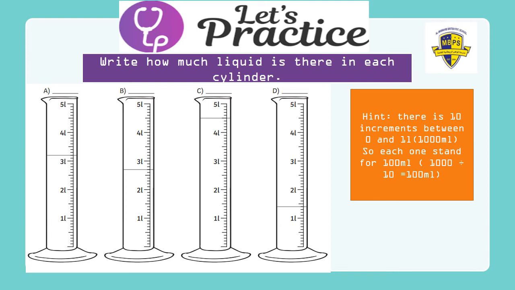So now in A, this is 3 liters, and after 3 liters we have 2 extra lines. One is 100, and the second one 200. So for A, this is 3 liter point 2, or 3 liters and 200 milliliters. Now you can check your answers.